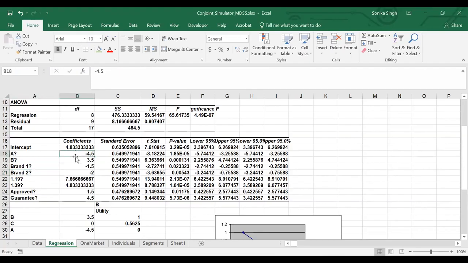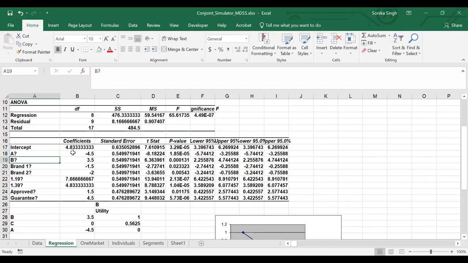So this consumer has a lower utility for design A as compared to design C. How you interpret the dummies is also very important. Remember that we included 2 dummies, A and B, in our analysis. But there is also a third dummy, C, which we did not include, and that is assumed to be the base comparison category.